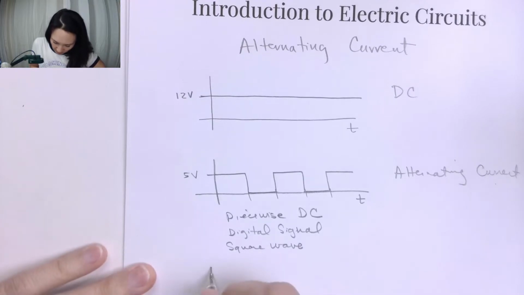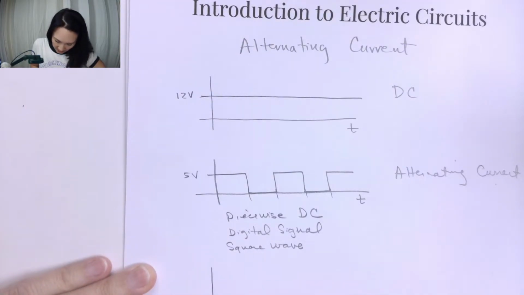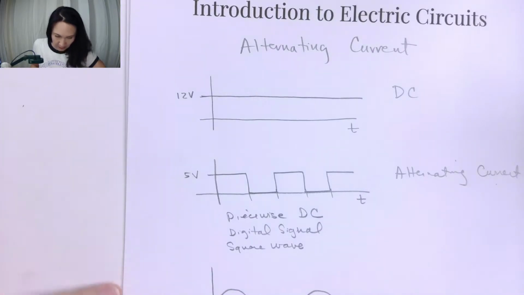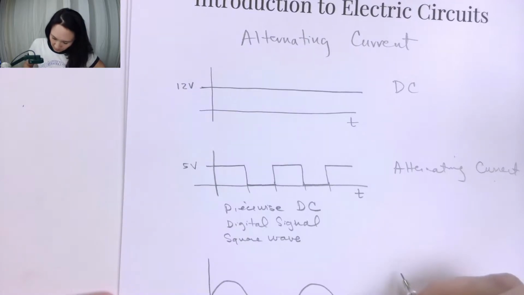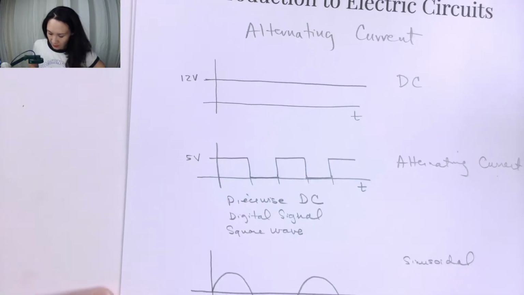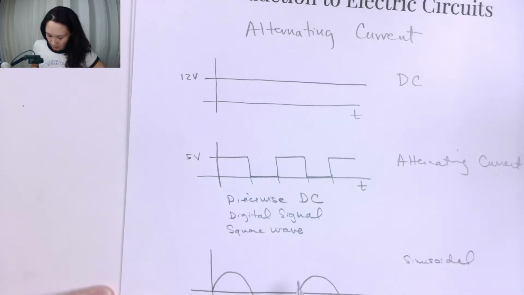We're going to be using sinusoidal signals, and they have this sinusoidal shape like this. It turns out that if we have a signal like this, that means that our voltage or our current is going to be varying sinusoidally.